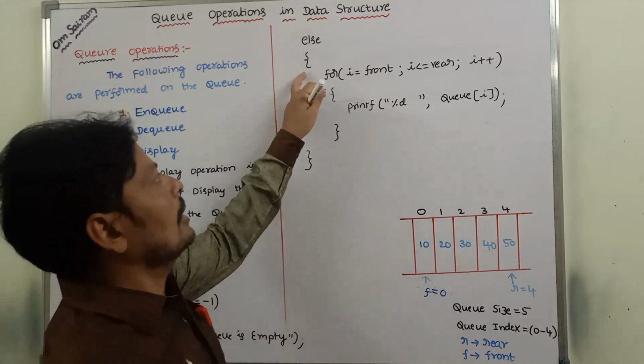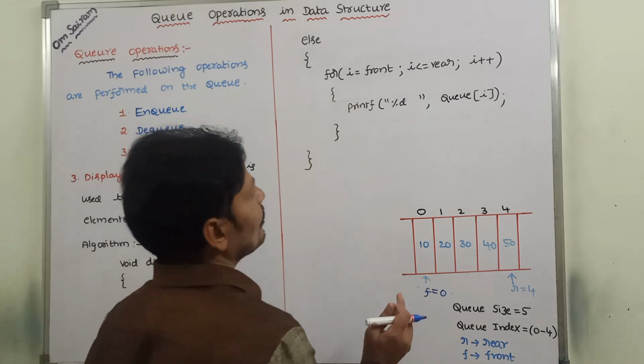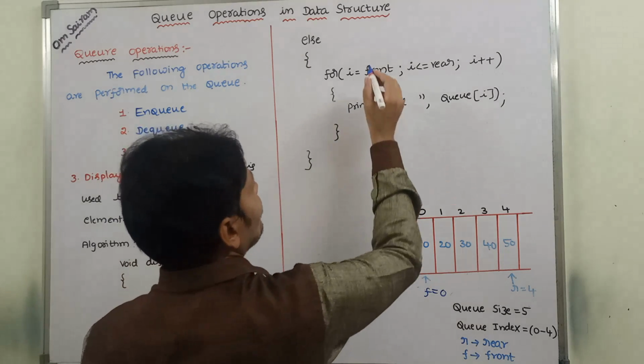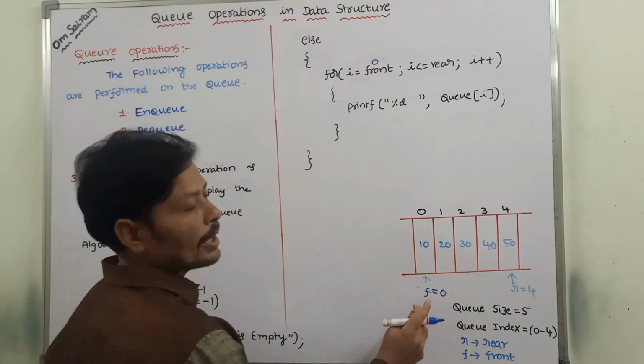In the else block, for i equal to front. What is i value now? What is the front value now? Front value is 0. So i equal to front value is pointing to 0.